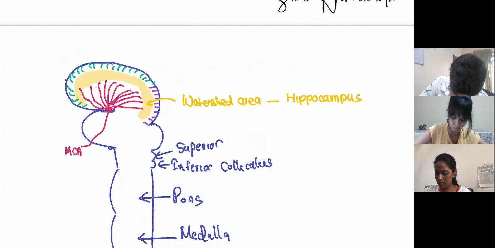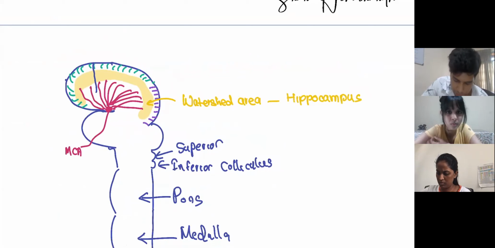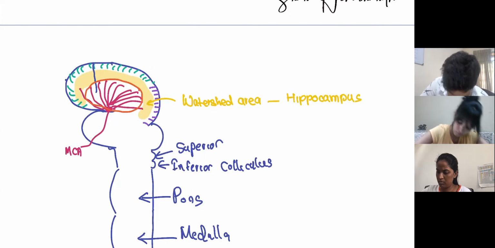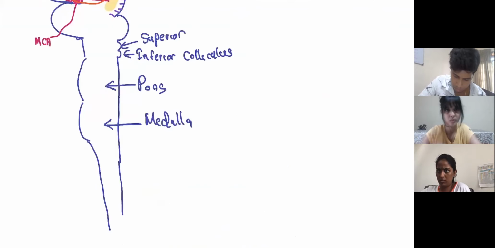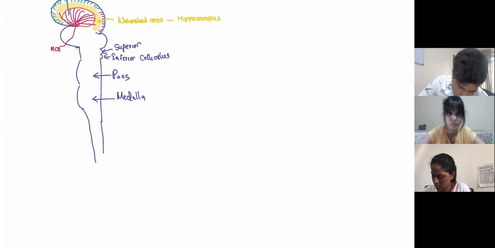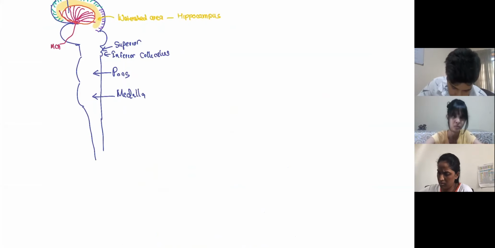And next, I need to remind you guys of the localization of these regions. Can someone tell me, okay, let me draw another diagram. So I'm just going to draw that same image without the blood vessels, okay?